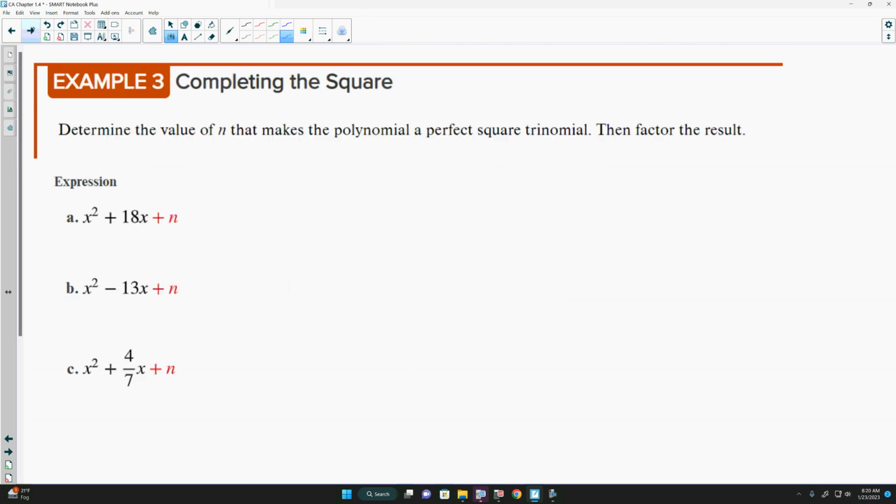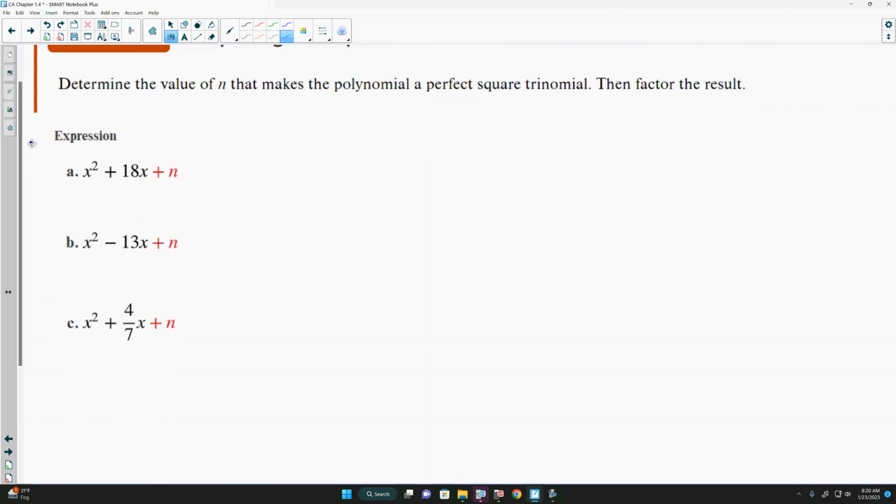Now, as I said already and kind of hinted at, the completing the square method, which we went through in Algebra 2, is essentially taking the square root method and making it work for any and all quadratics. Because the square root method will not always work if we're not given a single variable squared, so just x squared, or a set of parentheses squared already.